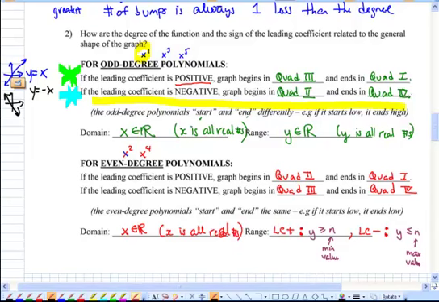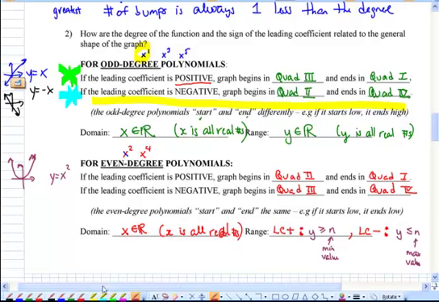So for even degree polynomials, if the leading coefficient is positive, the example I always think about is y equals x squared. Well, that's that parabola we learned in grade 11. And so, what do we know about the parabola? Yeah, it always begins, going from left to right, in quadrant 2, and then ends in quadrant 1.